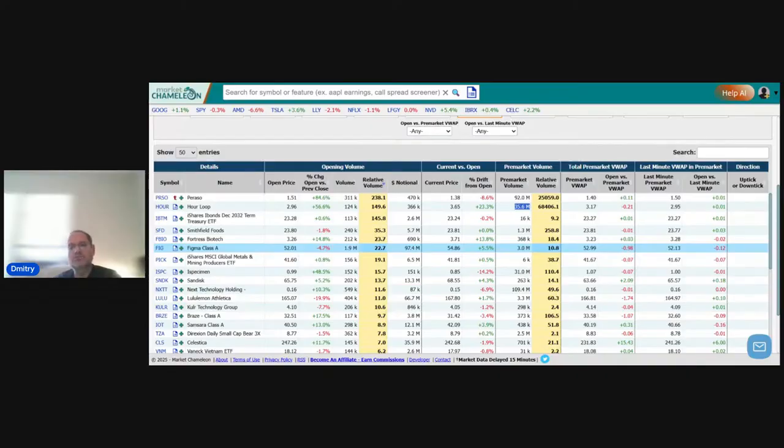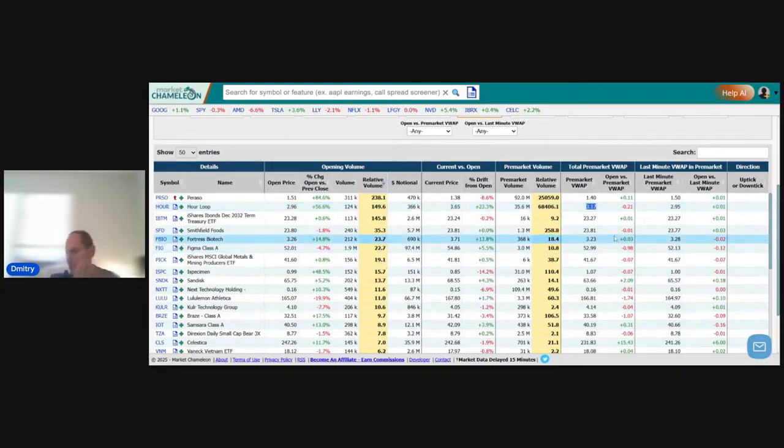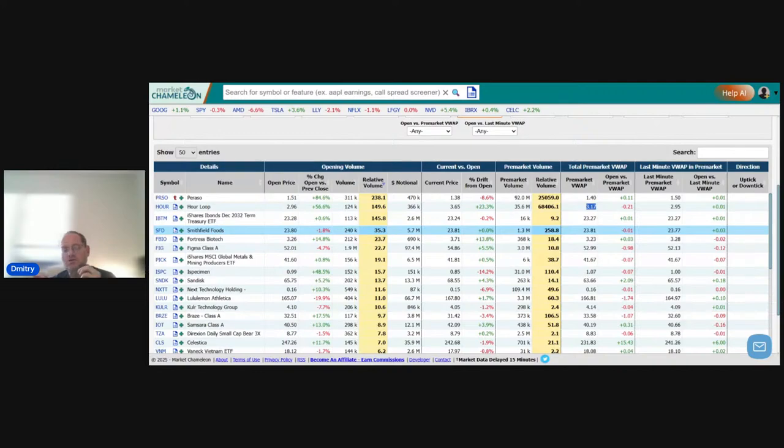Compared to the opening, you could see there's way more on a relative basis than usual. And in the morning, here's what's in the pre-market: the volume weighted average price, the VWAP, was $3.17.